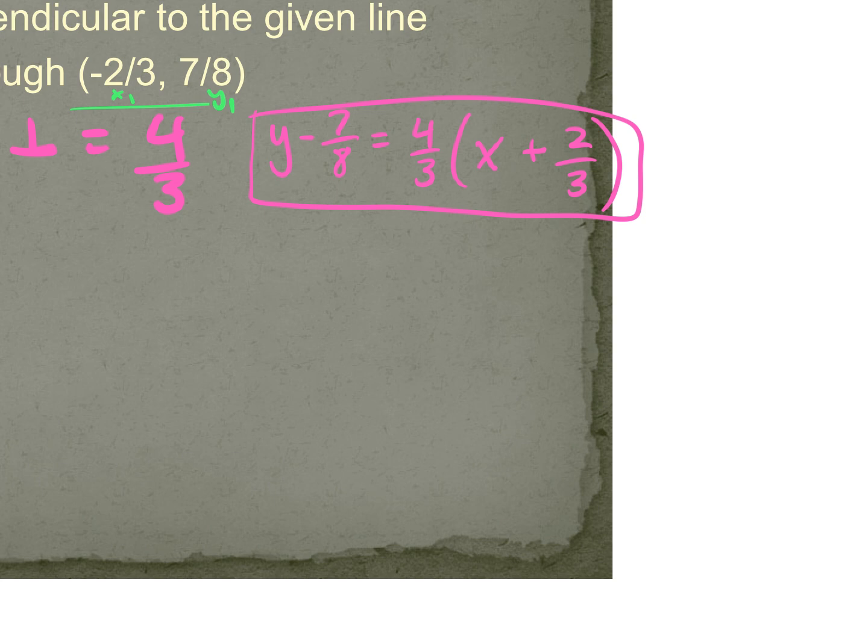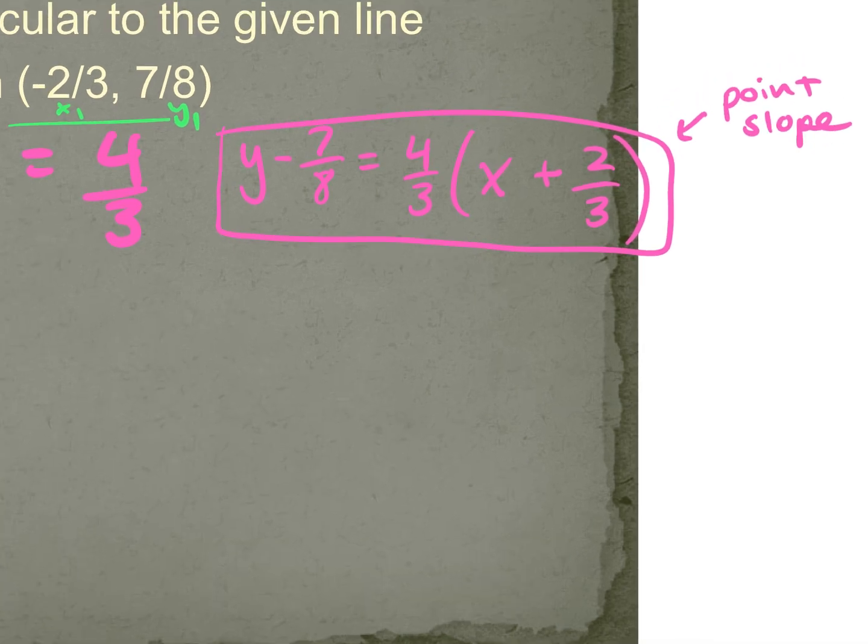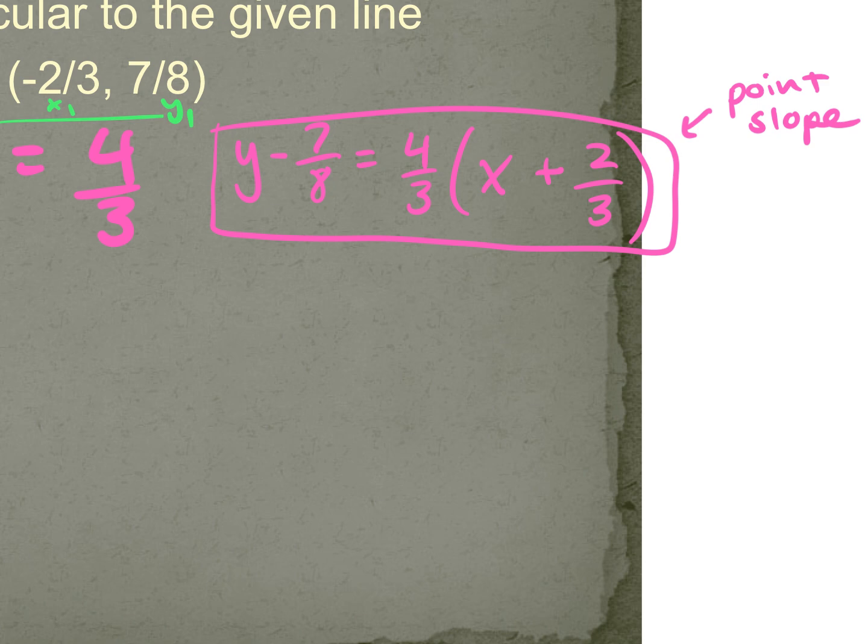This works if it said we could leave it in point slope form. But if the question said in slope-intercept form, what would we need to do? How do we get it into y equals mx plus b?